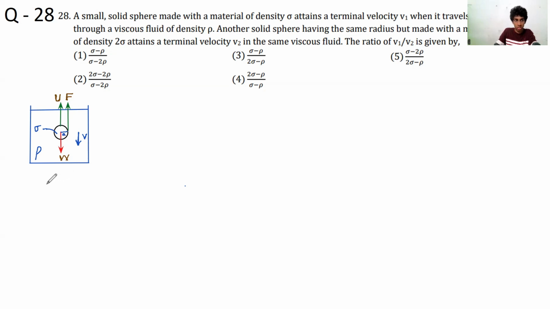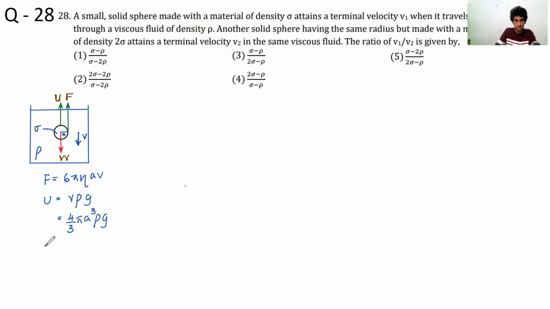So here F is equal to 6 pi eta A V, and upthrust is equal to V rho g. So V is the volume, so we can replace that with 4 over 3 pi A to the power 3, and rho into g.